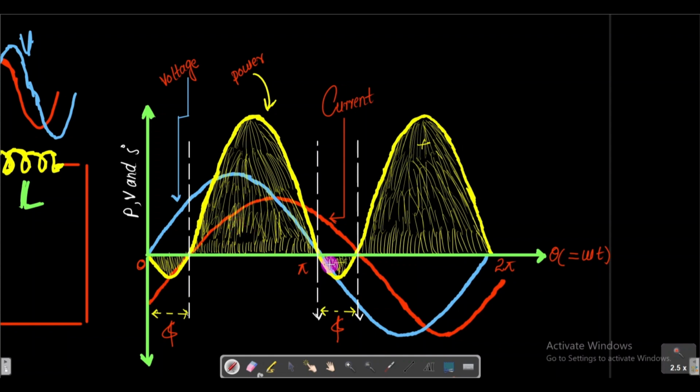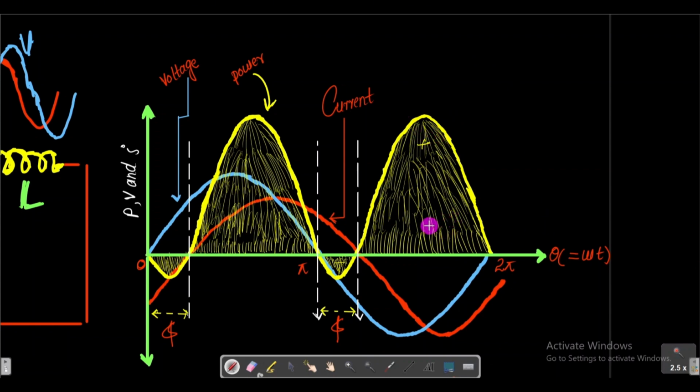Okay, and here this is again negative, which is the power delivered by the components of the circuit to the source, and here is the power delivered to the components of the circuit by the source. So by combining all these powers, the resultant will be positive, because these negative areas are less and these positive areas are more.